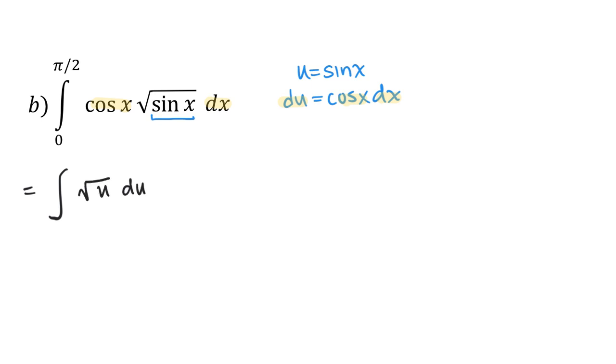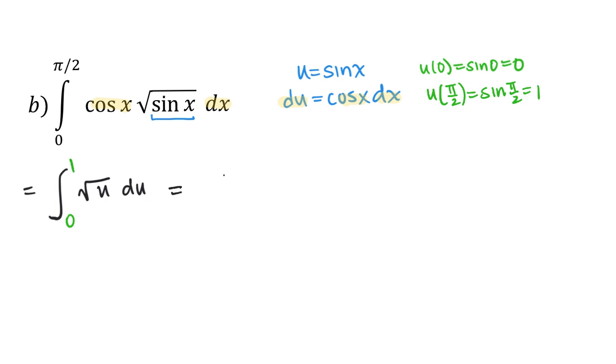Okay, but since this is a definite integral, I need to change my boundaries. So the lower one, x is 0. Let me plug in x is 0. The sine of 0 is 0. Upper limit, pi over 2. So when x is pi over 2, u is the sine of pi over 2, which is 1. Okay, let's take the antiderivative and then we will evaluate it.